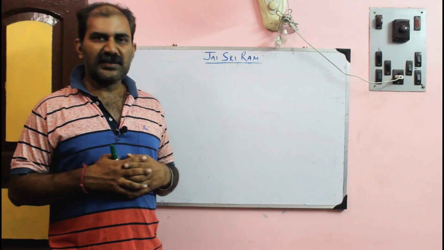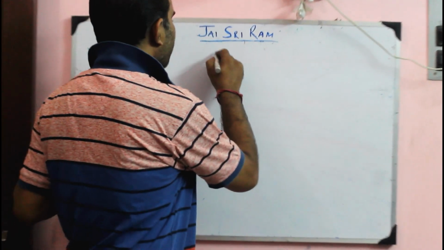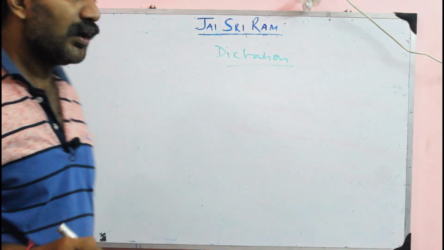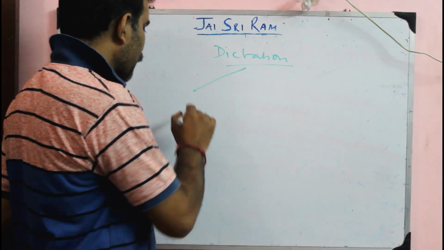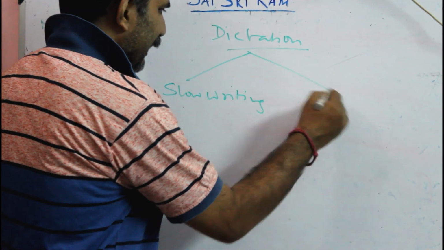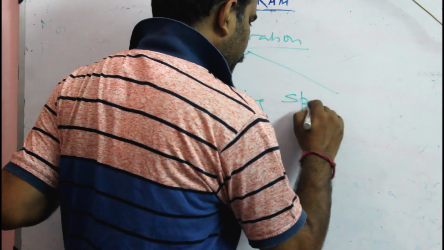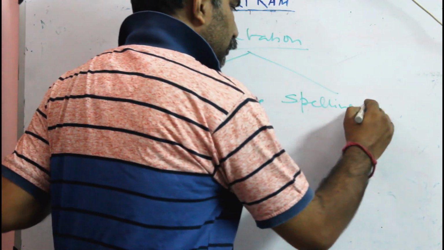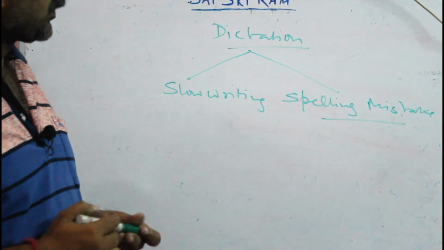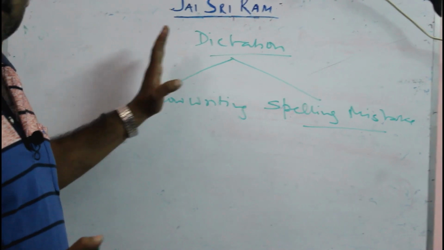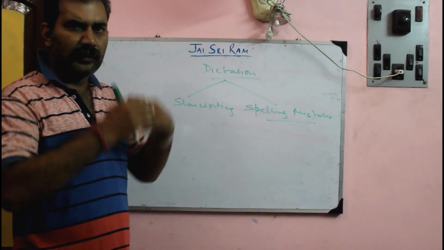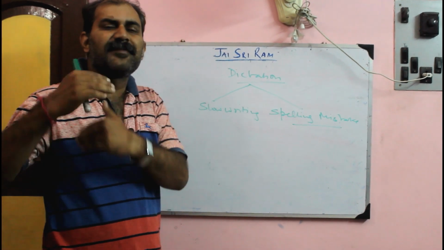What I have found in my teaching career is that dictation is very important for those sort of students, those candidates who have this dual problem of slow writing and spelling mistakes. Always make that student practice dictation. Tell anyone to give dictation first slowly, then a little bit fast.